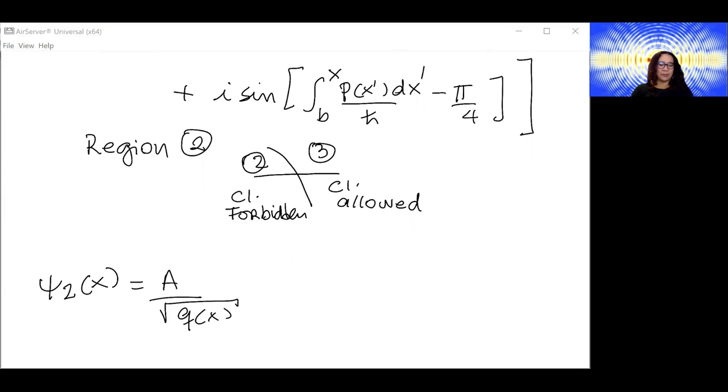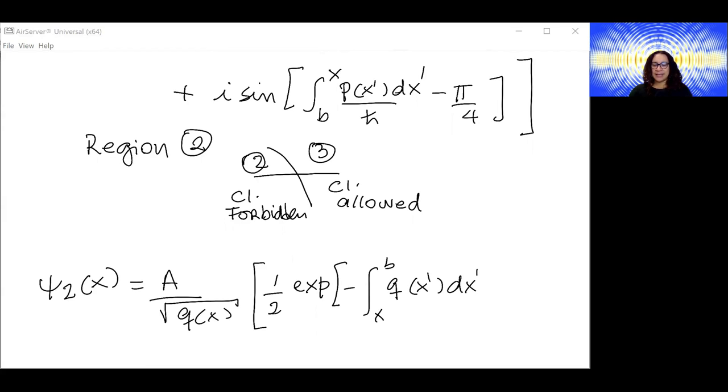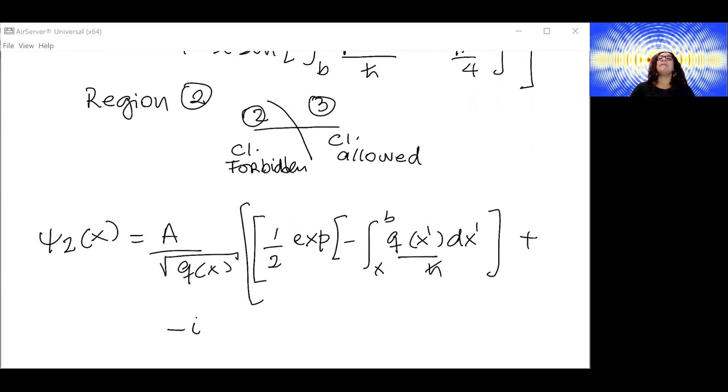I'm just using the connection formula, so I always recommend that you have a look if it's not in front of you. 1/2 exponential minus integral from x to b of q x dash dx dash over h bar, minus i exponential plus integral from x to b of q x dash dx dash over h bar.